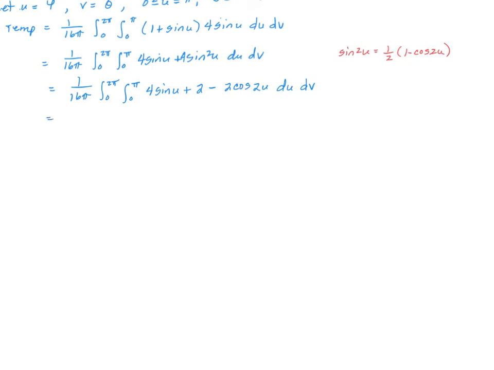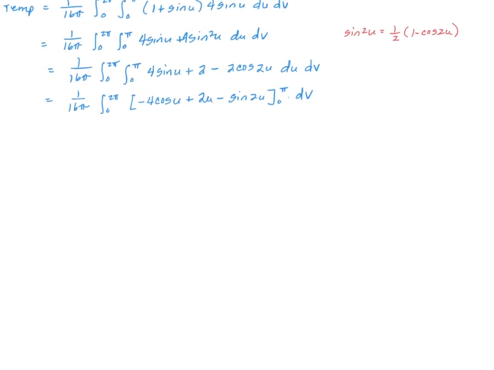Integrating with respect to u, I have negative 4 cosine u plus 2u minus sine of 2u. And we're going from 0 to pi.